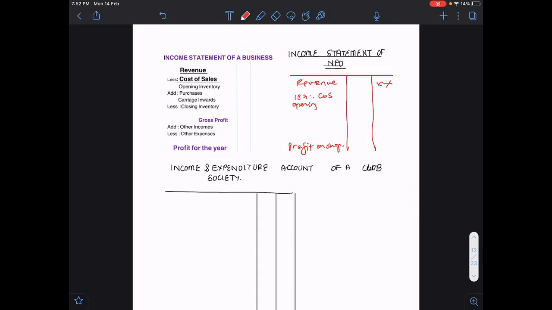Opening inventory, purchases, cost of production.